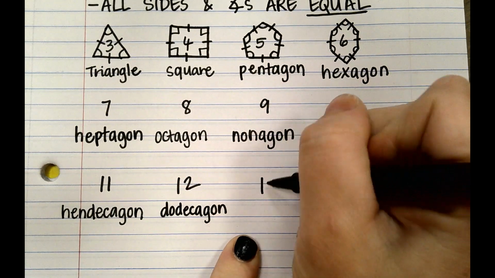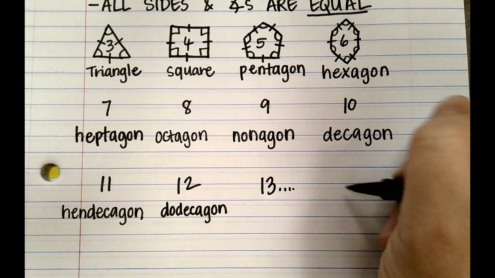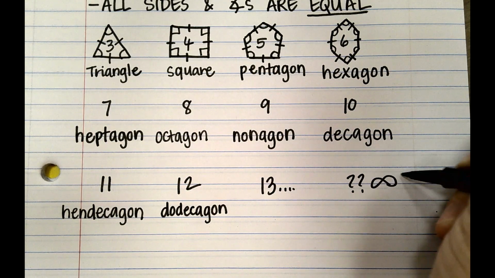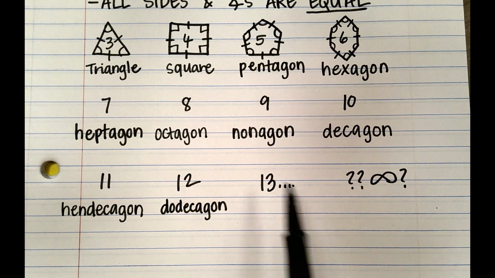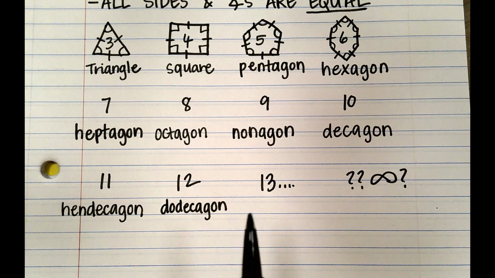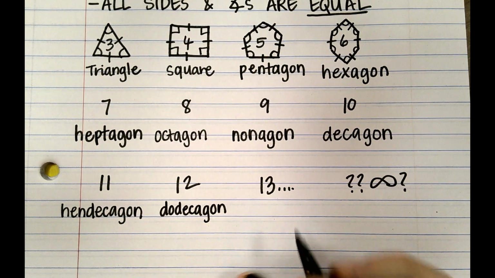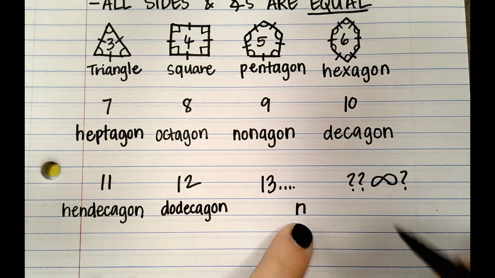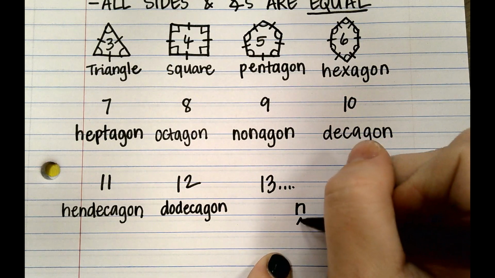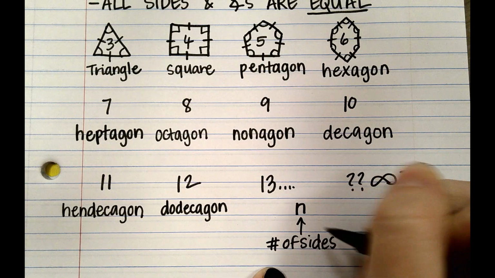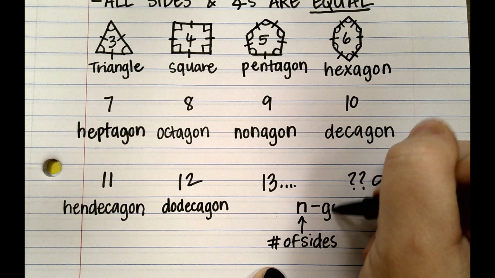Now, as we get into larger numbers, 13 and up into however many more, what's nice is that after a certain point, mathematicians decided this is a lot of names to remember. So one other way that we name polygons is by the number of sides followed by -gon.